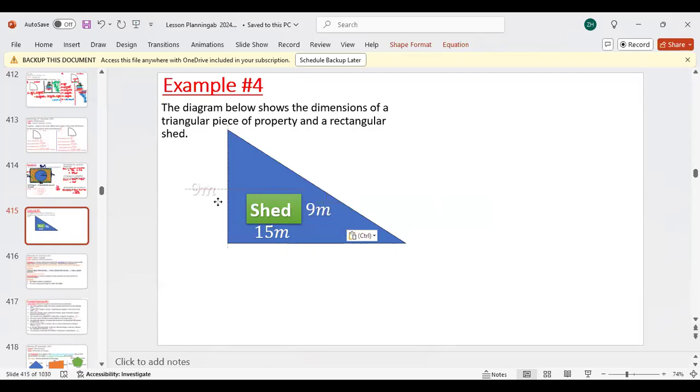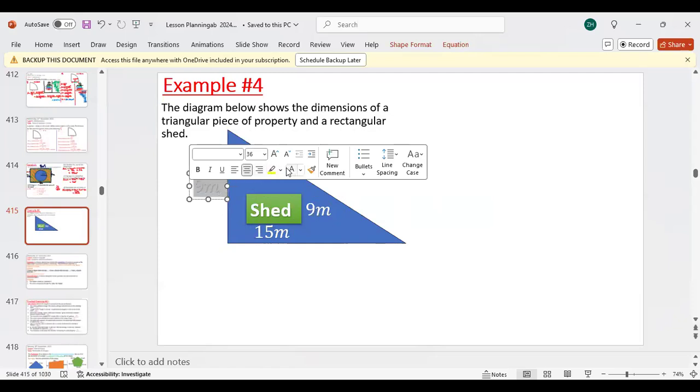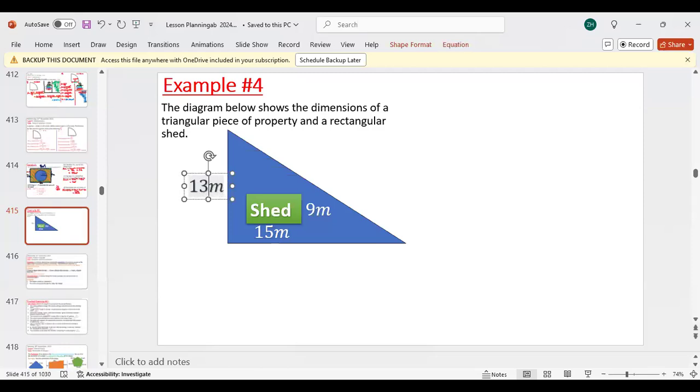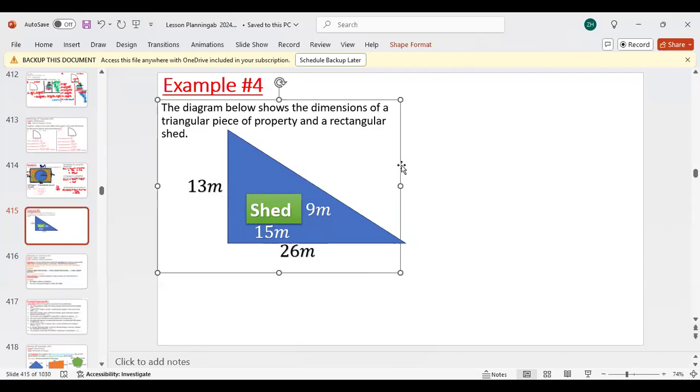And let's say that for the triangle, this is 13 meters, and let's say that this is, say, 26 meters. And so the instructions are very clear.